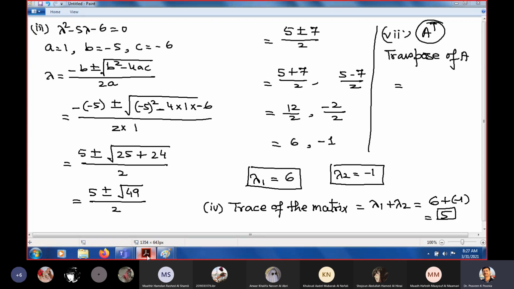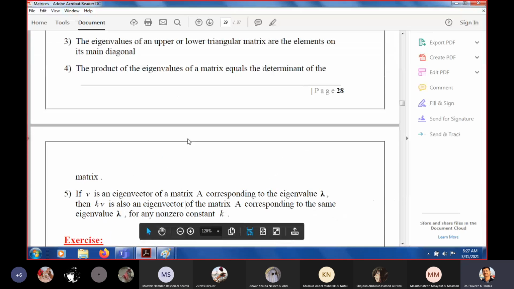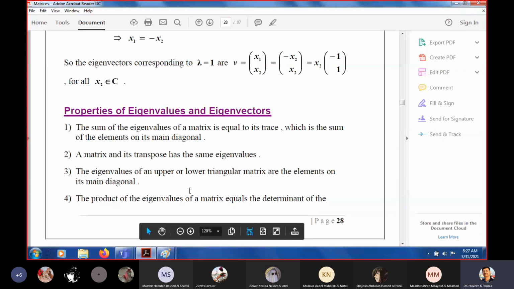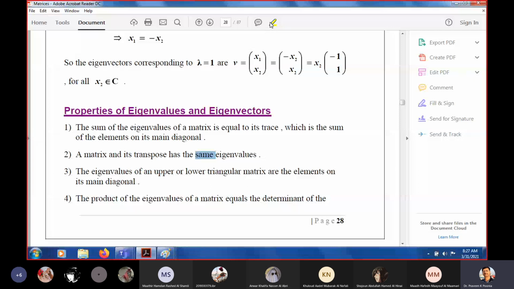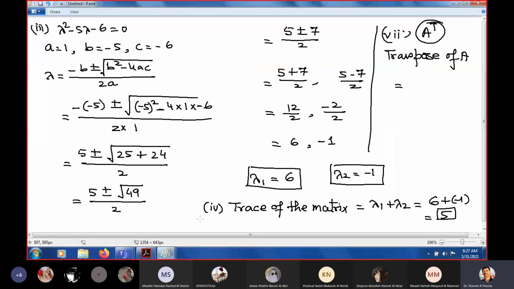Please listen carefully. I told you these are the 5 properties. Please read these 5 properties again and again. A matrix and its transpose have the same, please remember, same eigenvalues. And same means what?